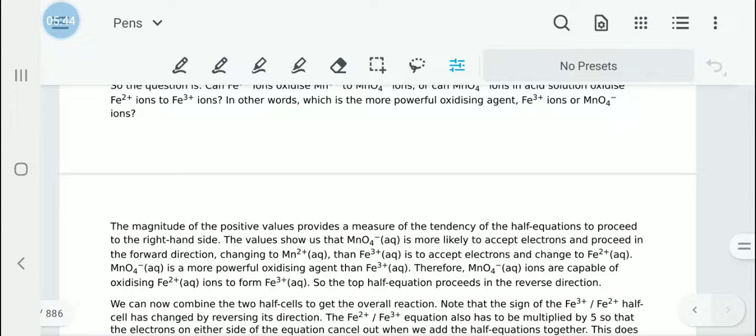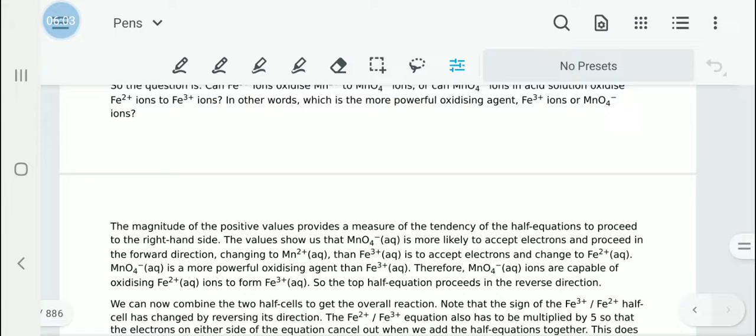As a result, MnO4- is a more powerful oxidizing agent than Fe3+. So MnO4- ions have the ability to oxidize Fe2+ into Fe3+.